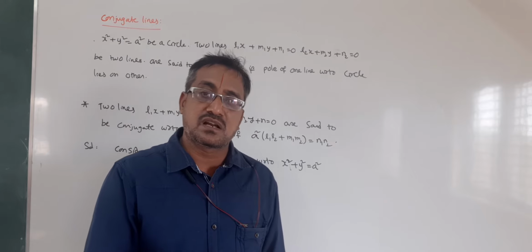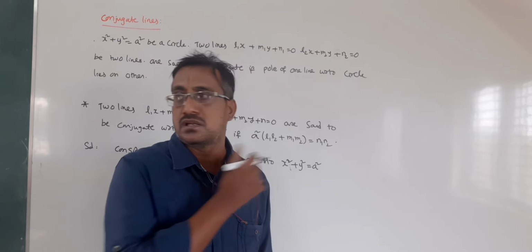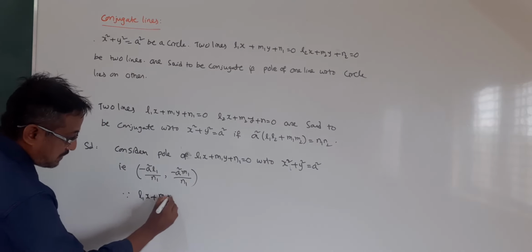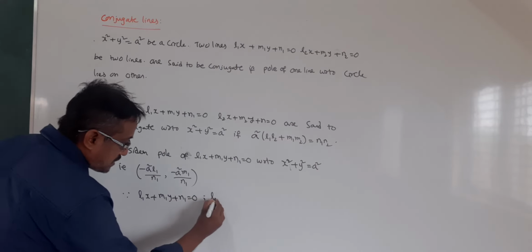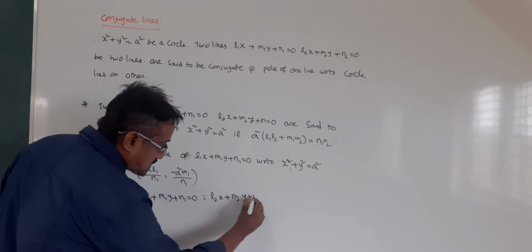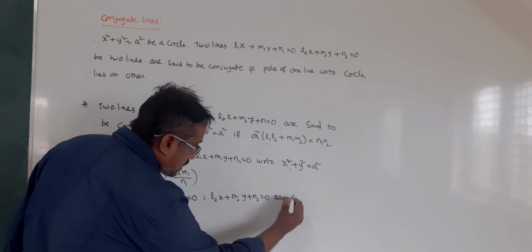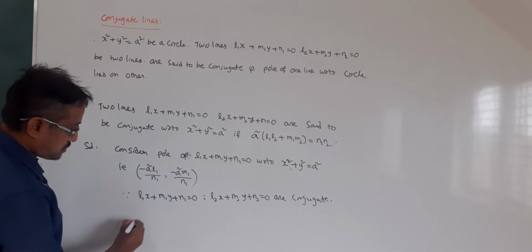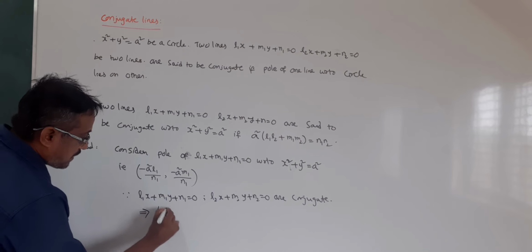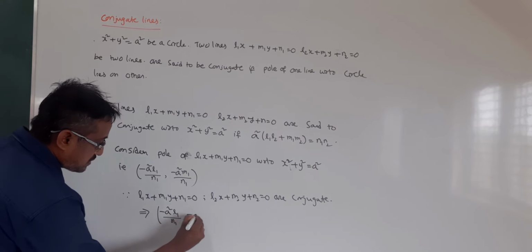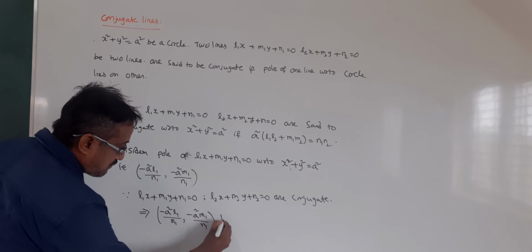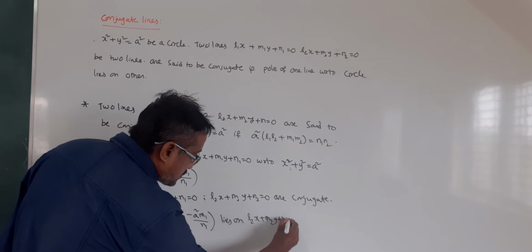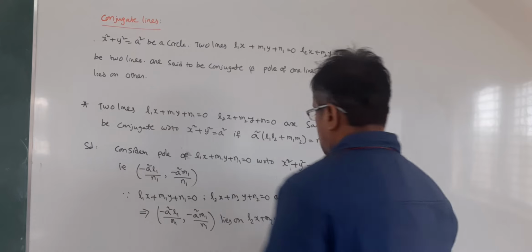Now since the lines L1x + M1y + N1 = 0 and L2x + M2y + N2 = 0 are conjugate with respect to the circle, this point lies on the other line. So (-a² L1/N1, -a² M1/N1) lies on L2x + M2y + N2 = 0.